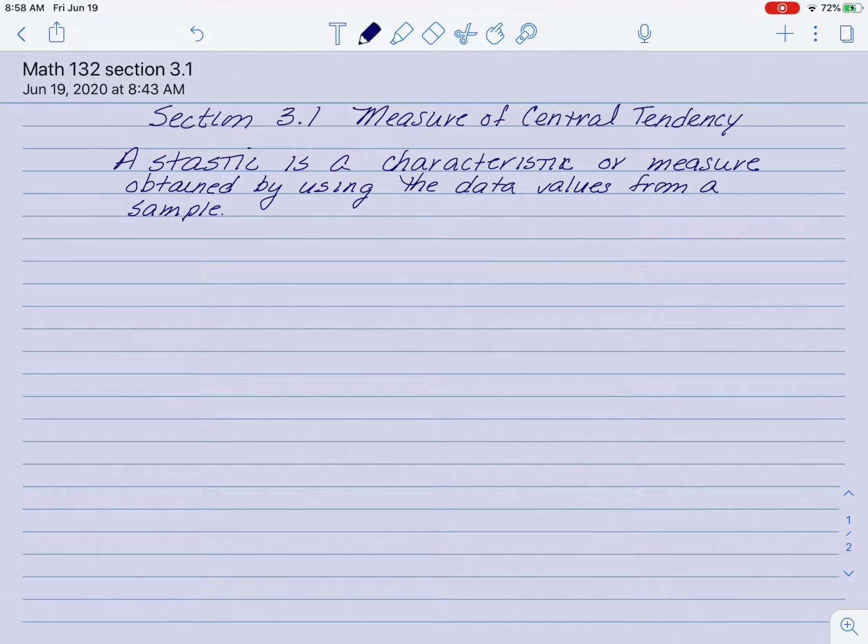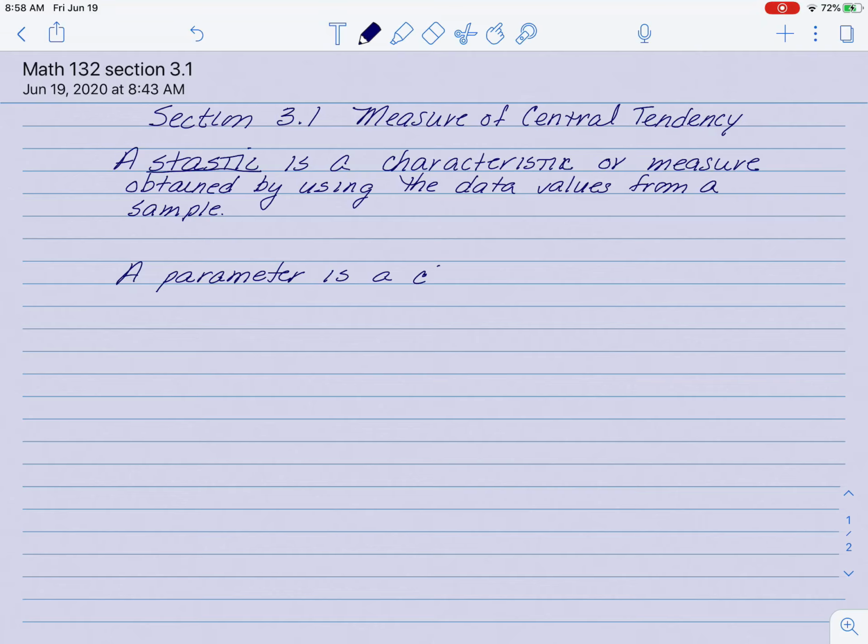The next thing that we want to talk about is a parameter. So this was about a statistic. A parameter is a characteristic or measure obtained by using all the data.